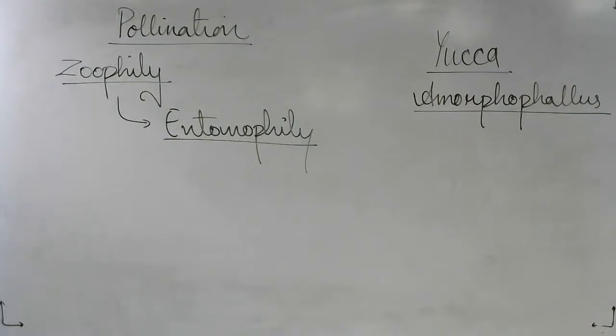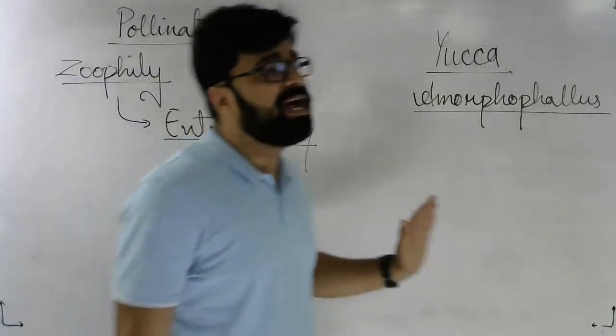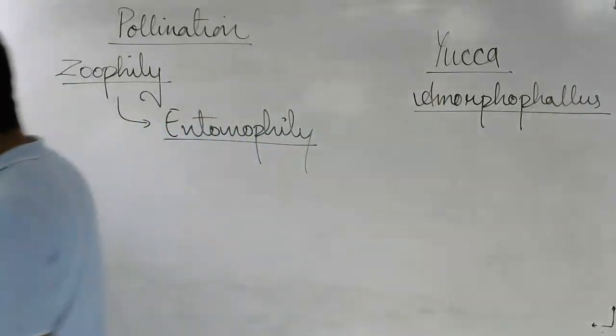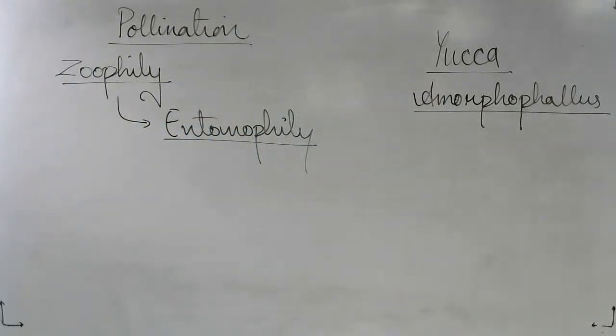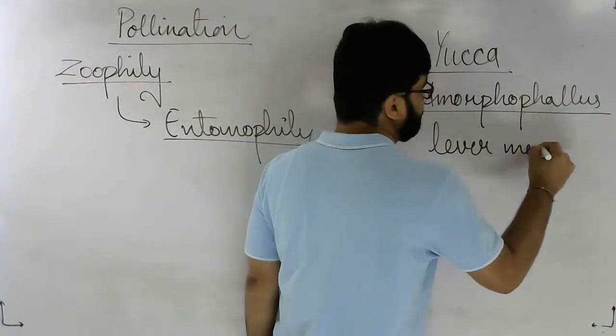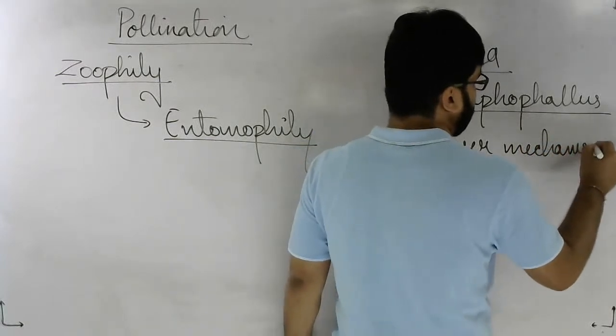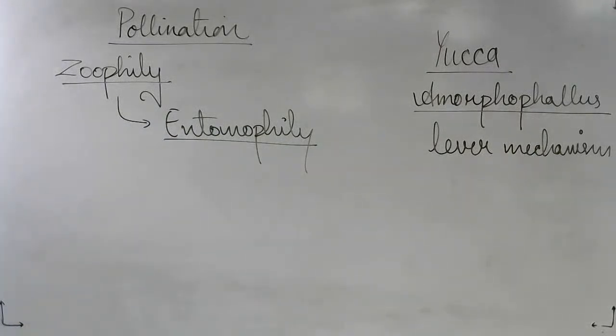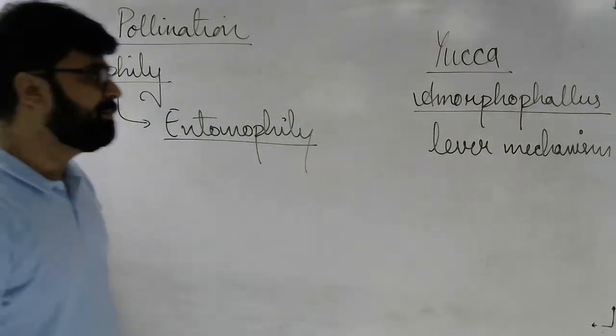All right. So that is there. Now, in entomophilous plants, there are different modifications. One of the important modifications we are going to discuss is the lever mechanism. They have a lever mechanism, also known as turnpike method, turnpike mechanism.